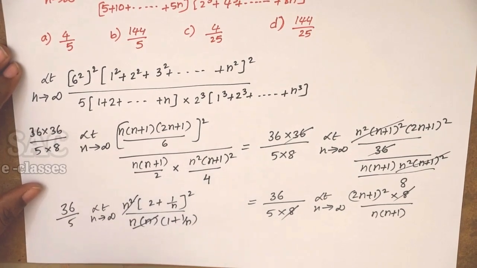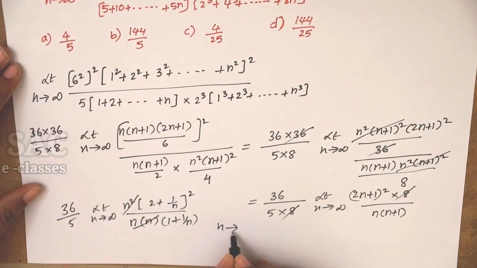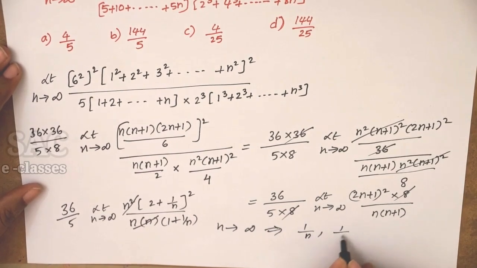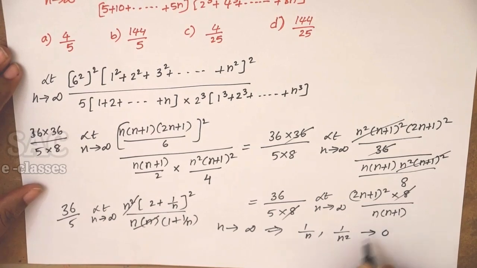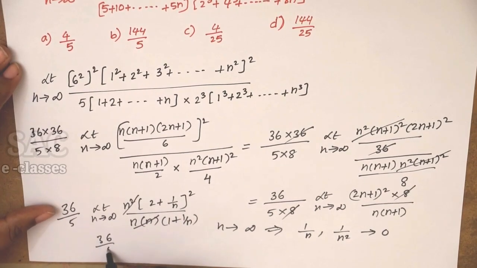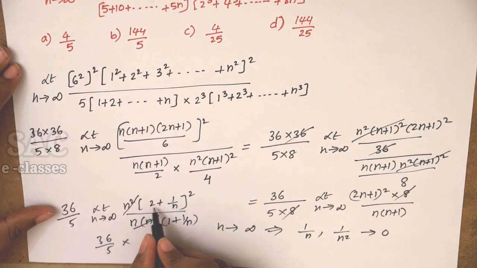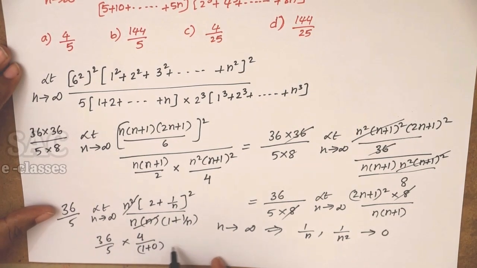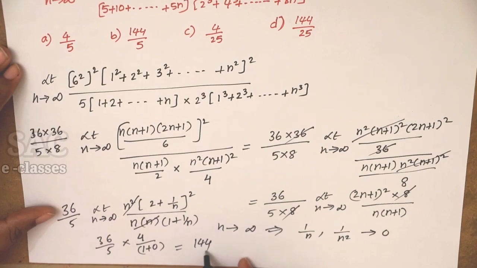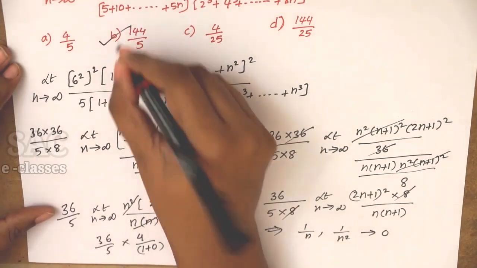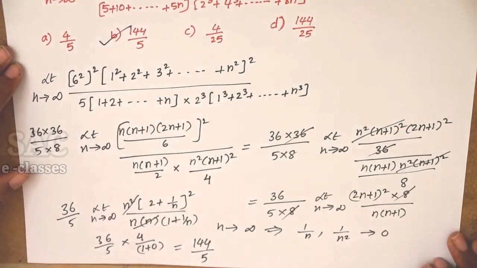N square cancelled. We know if n tends to infinity, definitely 1 by n, 1 by n square tends to 0. So 36 by 5 into (2 plus 0) whole square by (1 plus 0), nothing but 144 by 5. Option B is the correct answer.